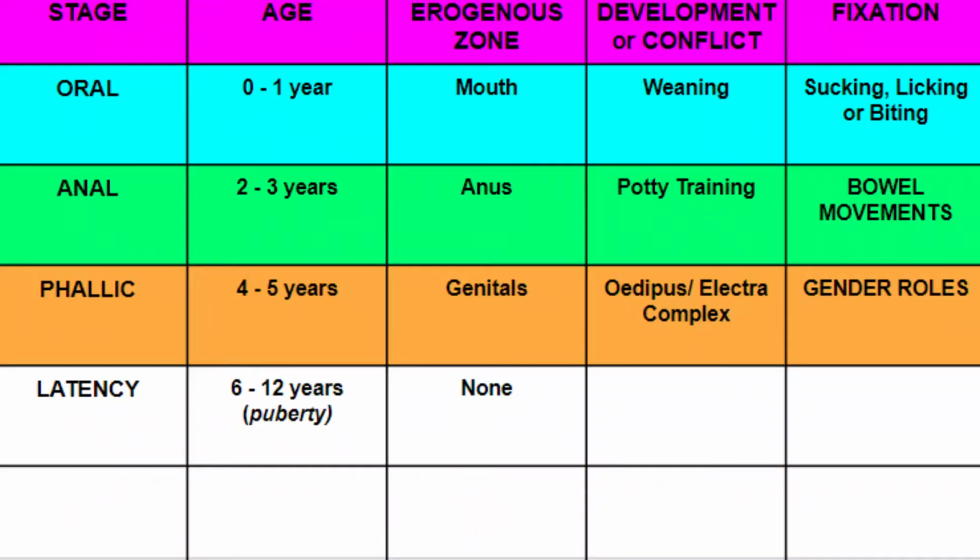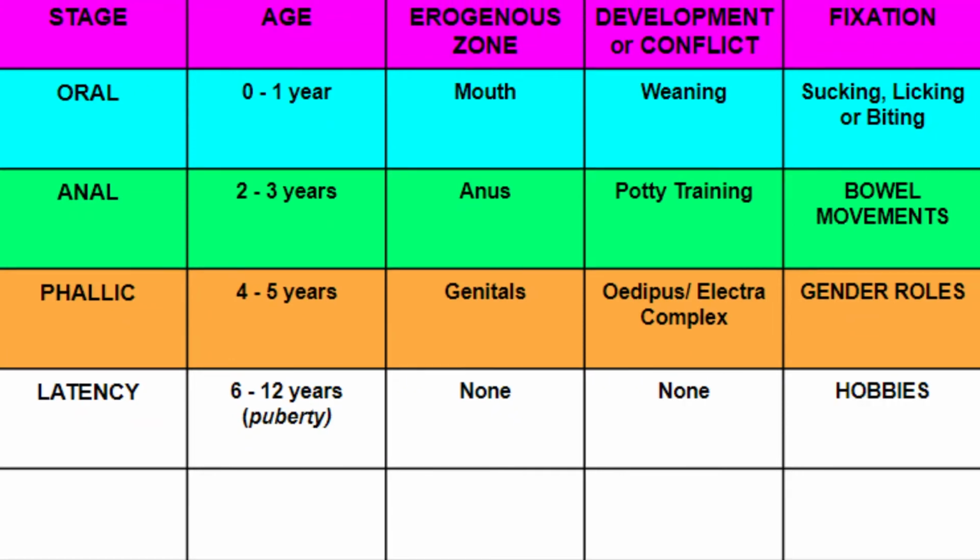They put all of their energy into those things. There's no underlying sexual tension, which Freud believes they have since day one. There is no erogenous zone in this one. There's no conflict in this stage. That's it. The psychosexual stage is latency, it's dormant.